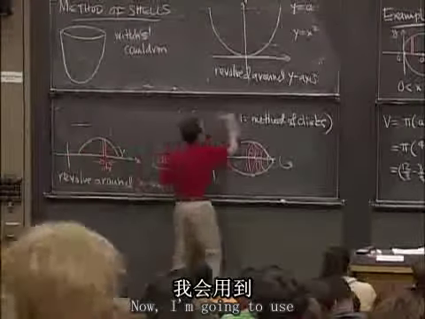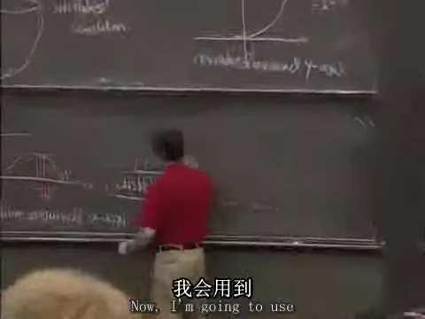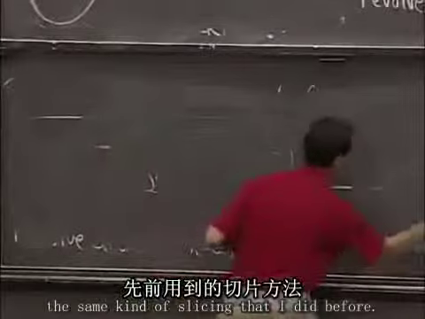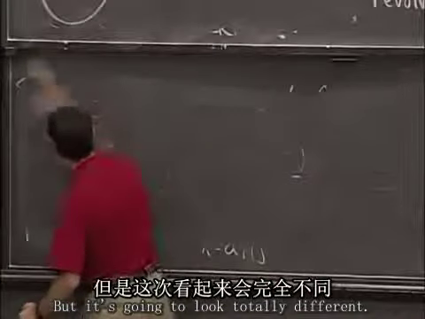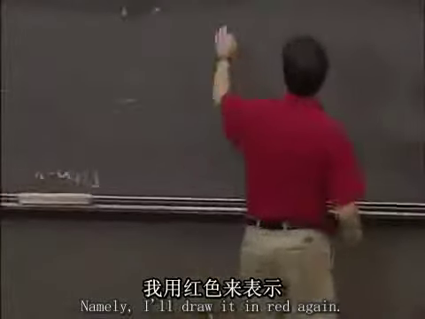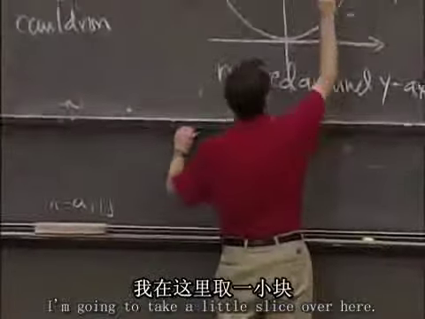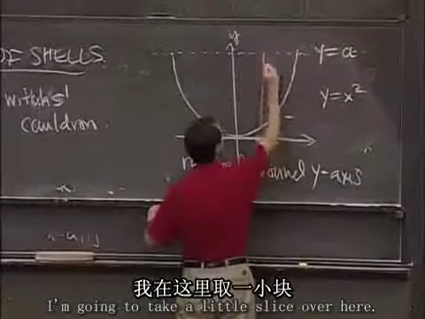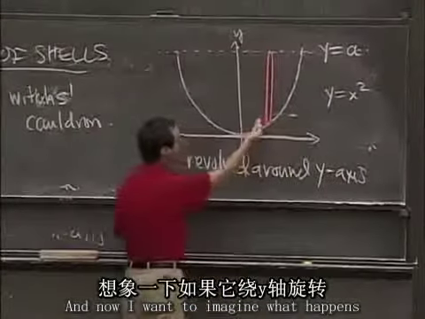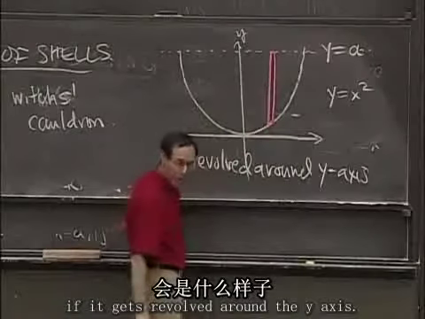Now, I'm going to use the same kind of slicing that I did before, but it's going to look totally different. Namely, I'll draw it in red again. I'm going to take a little slice over here, and now I want to imagine what happens if it gets revolved around the y-axis.